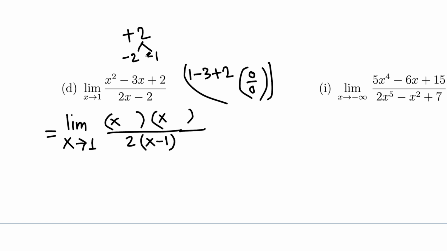And negative 2 and negative 1 make negative 3. It does not matter which one you write first. Negative 2, negative 1. Now x minus 1 cancels. Replace x by 1. Plug in 1 here. 1 minus 2, negative 1 over 2, or negative 1 over 2 is the same as negative 1/2.